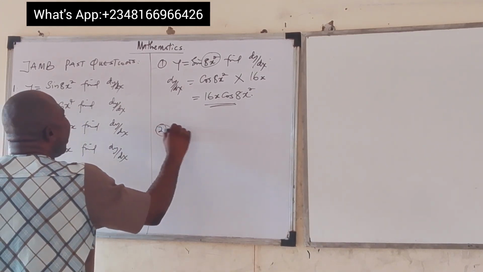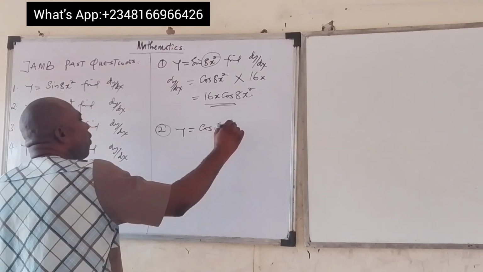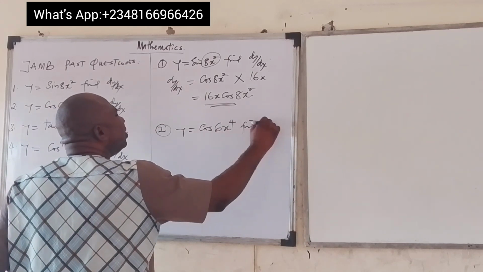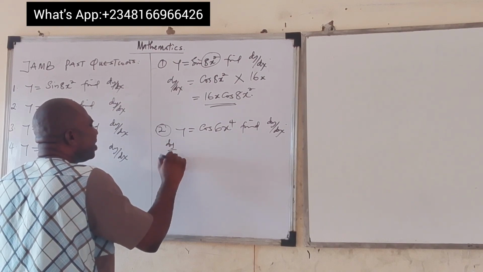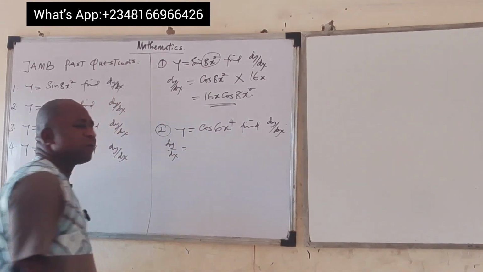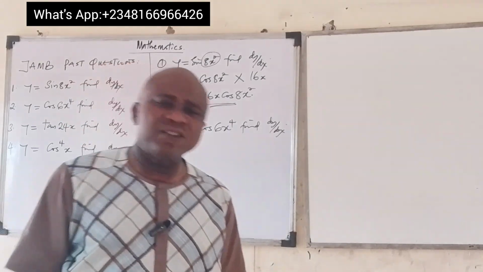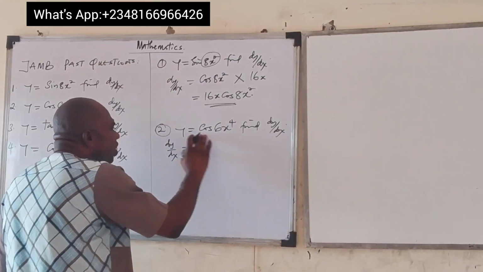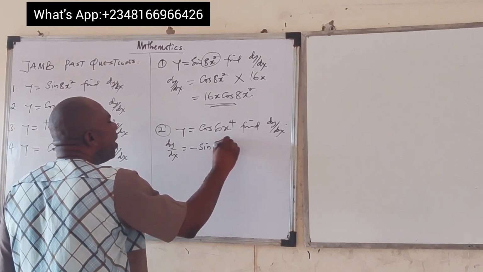Now let's look at number 2. y is equal to cos 6x raised to the power 4, and we're asked to find dy/dx. Just differentiate this. Remember, the standard derivative of cos is minus sine. So when you differentiate cos, it gives you minus sine 6x raised to the power 4.